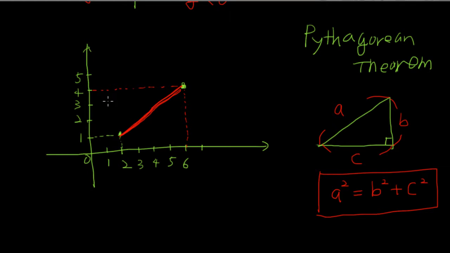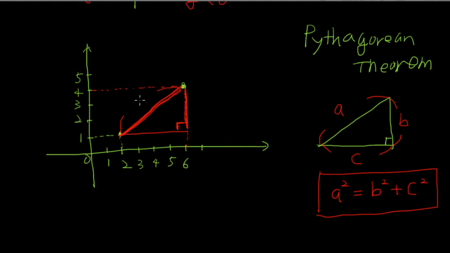So you can see that we also have this right triangle right there. What we need to know is this distance.